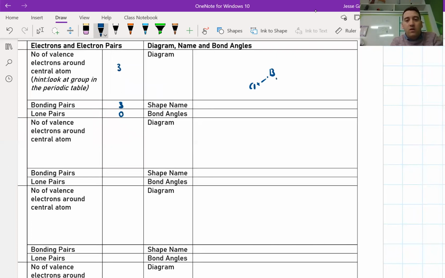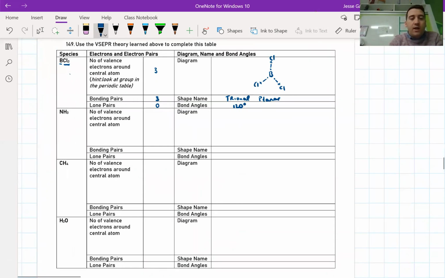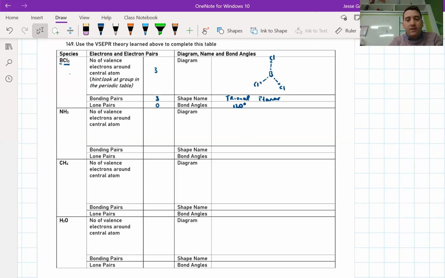There's 1, there's the second, and there's the third, BCl3. The name of that shape is trigonal planar, no lone pairs. Bond angle 120 degrees. Right, so your turn to finish off the rest of these. We're going to correct them in class the next day.